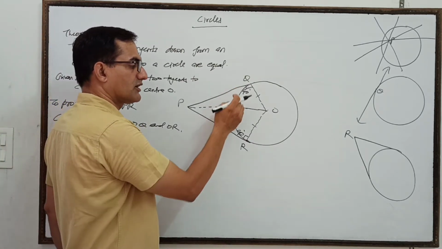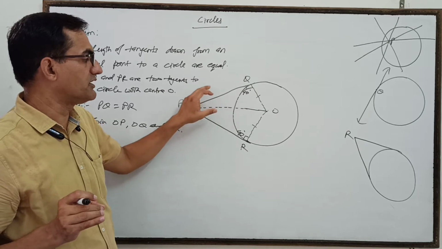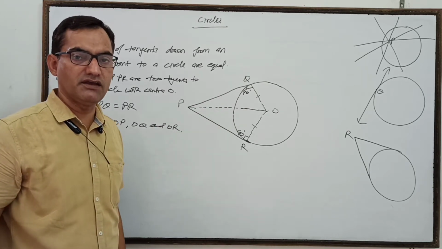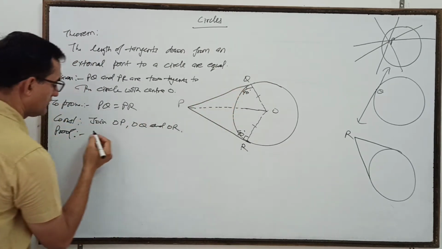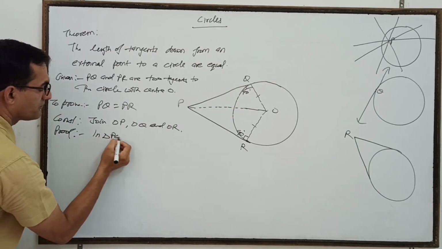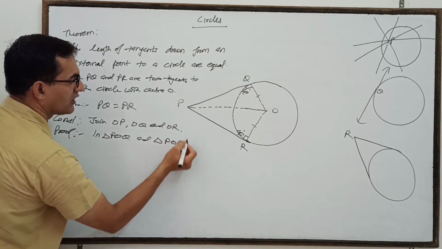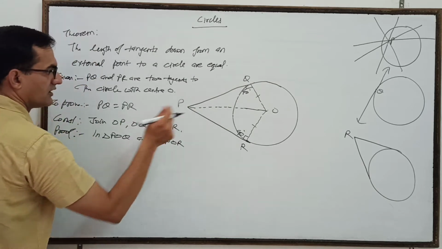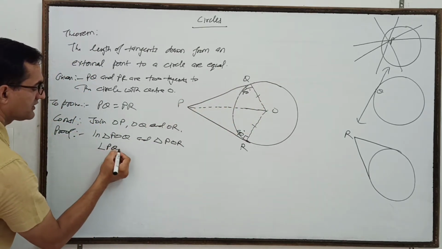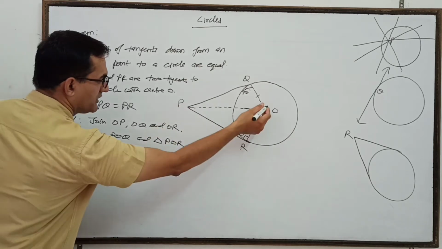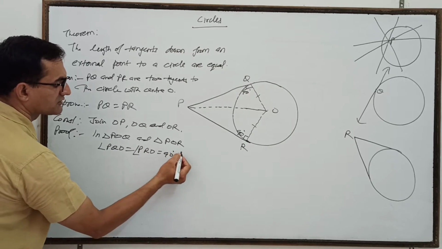After proving them congruent right triangles, we will say that PQ is equal to PR by CPCT. Now let's write it. Now, in triangle POQ and triangle POR, angle PQO is equal to angle PRO, which is equal to 90 degrees.